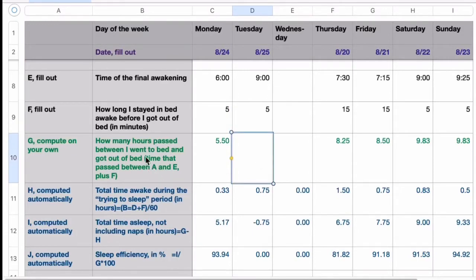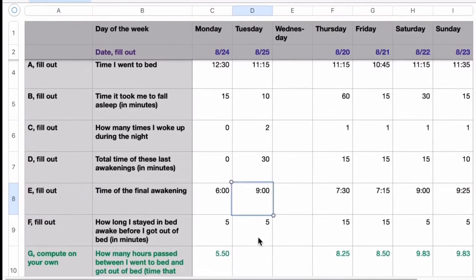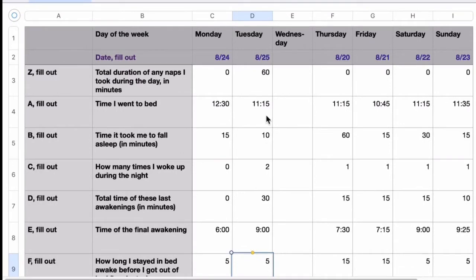Now I have to compute how many hours passed between when I went to bed and got out of bed. So that's the time that passed between A and E plus F. So let's see, what is the row A? In row A, I have the time when I went to bed, and that's 11:15. The row E is the time when I woke up, it's 9 a.m. And the row F is how long I stayed in bed.